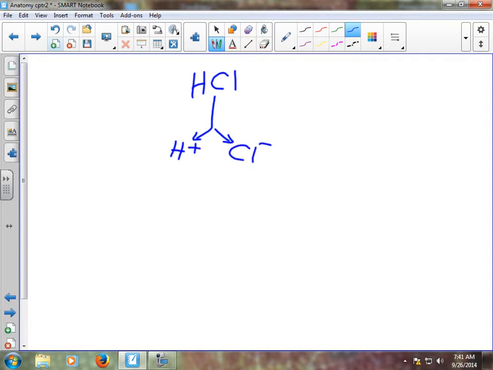Well, floating around out here, I have some water molecules. Okay, there's my Mickey Mouse molecule. Now the water is polar, so this side of water is negative, this side of water is positive. Now all of a sudden, I've got something positive, and what we're going to find is this gets attracted to this. I've got a positive something, a negative something, and it can attach. I'm going to make it a different color. It can attach right there.